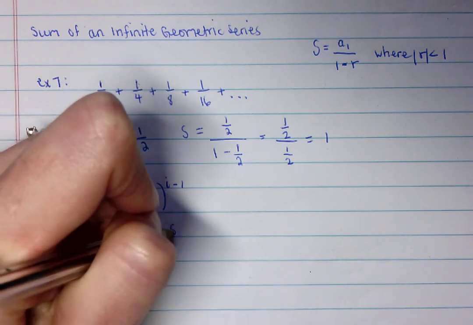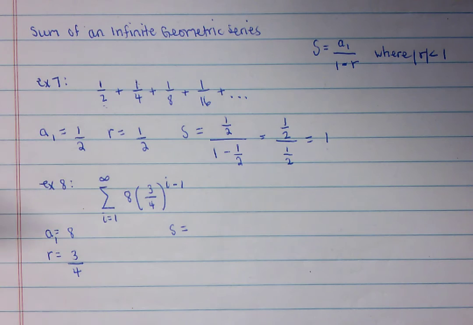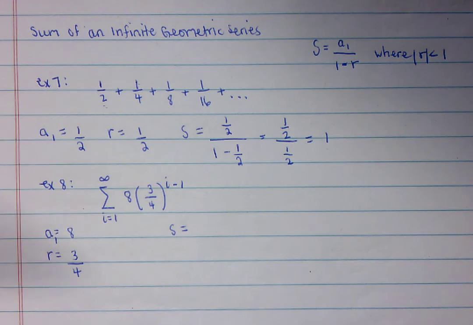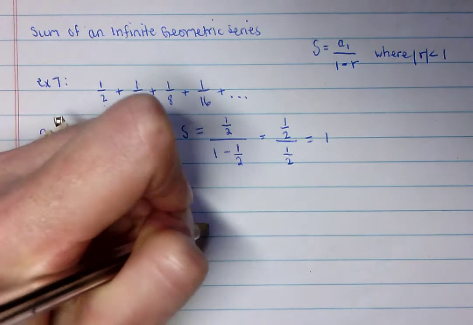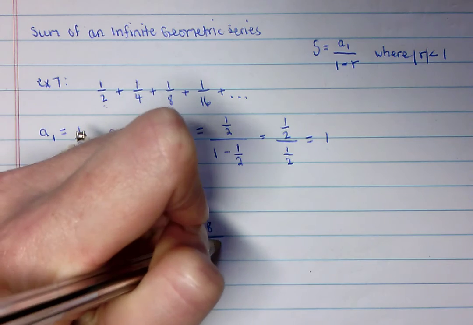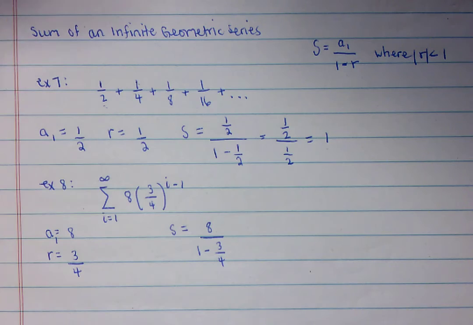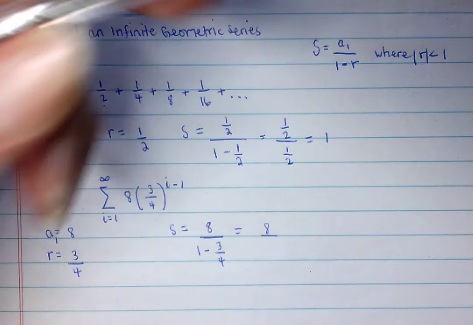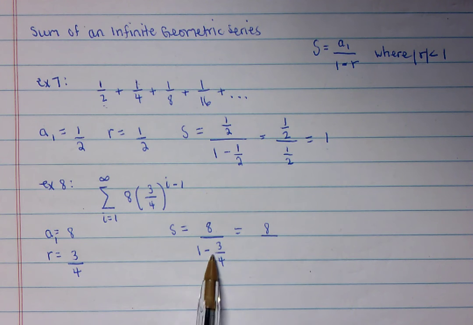Our sum is going to be a sub 1, which is 8, divided by 1 minus the common ratio. This is 8 over 1 whole minus 3/4, which is equivalent to 1/4.